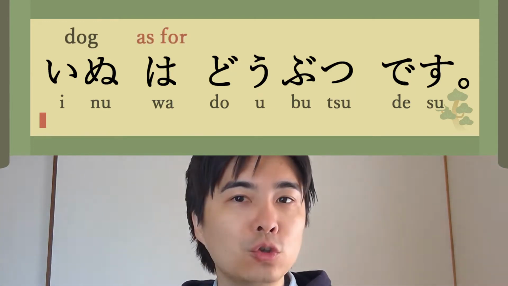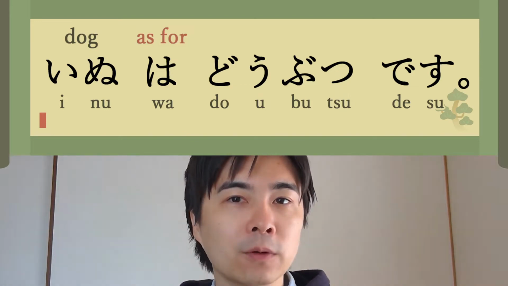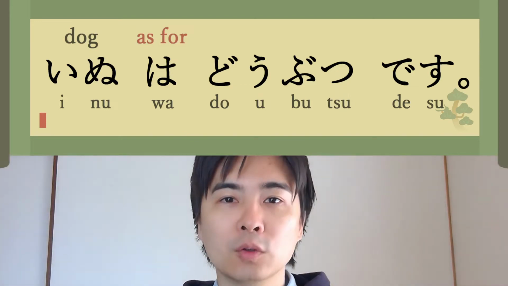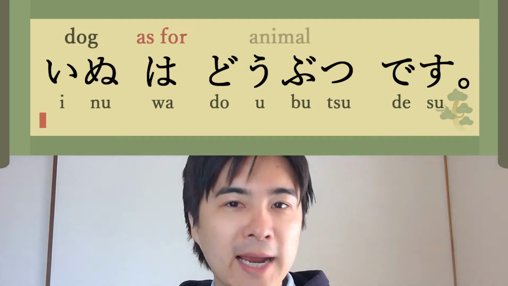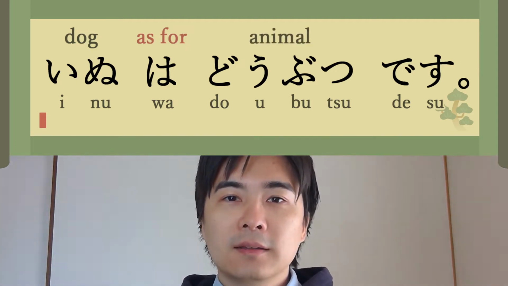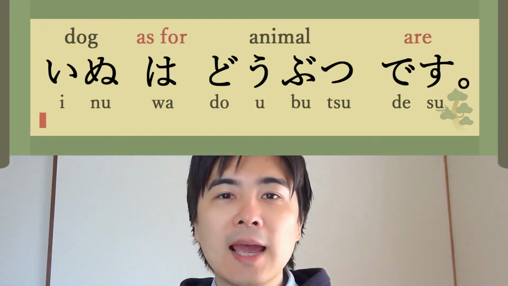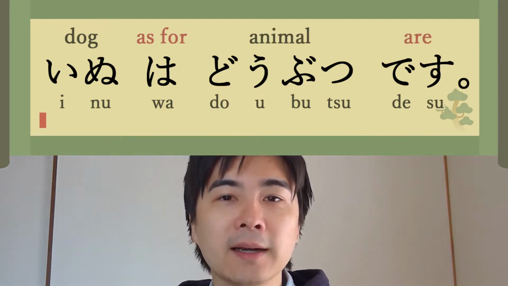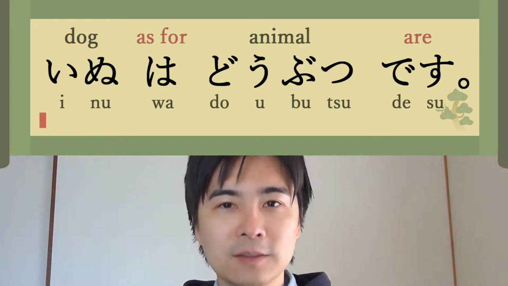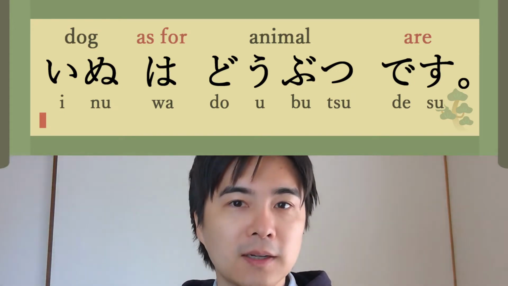So 犬は means as for dogs. 動物 means animal. です is a linking verb meaning are in this case. So this sentence means as for dogs, they are animals. So it means dogs are animals.